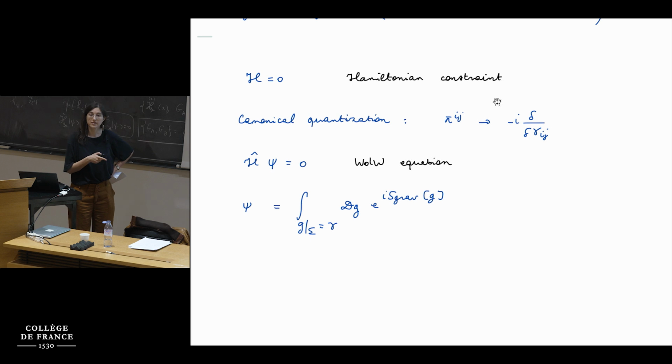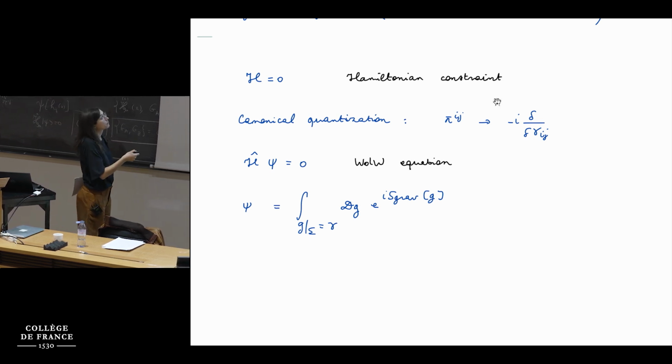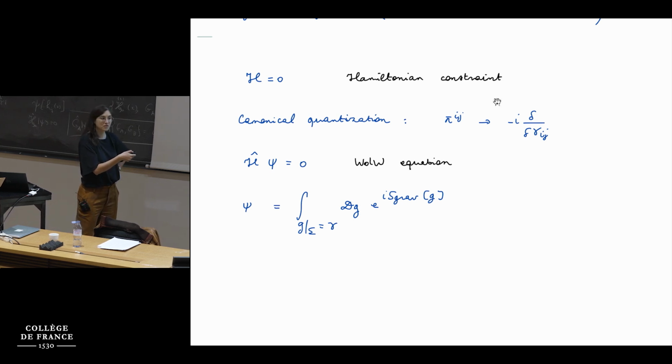Now if you want to quantize, the canonical procedure would be that you promote your momenta to variational derivatives with respect to the q's, so with respect to the 3-metric on the slices, as these pi's act on gravitational wave functions in the coordinate representation, quote unquote.